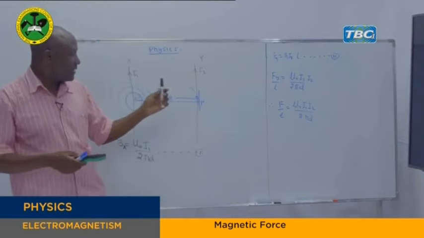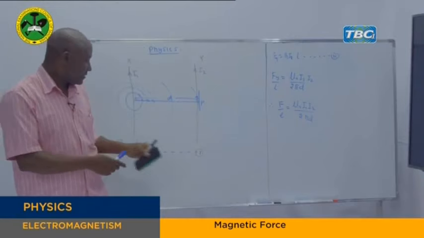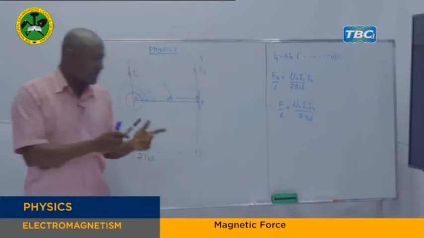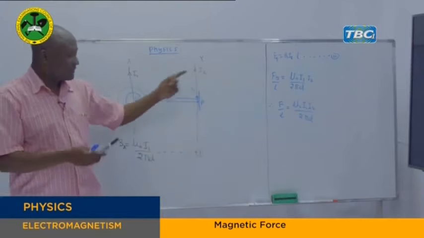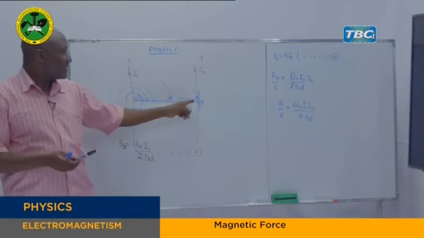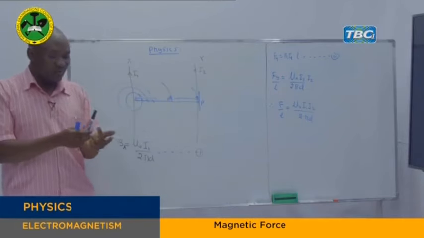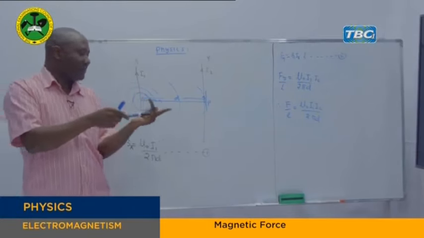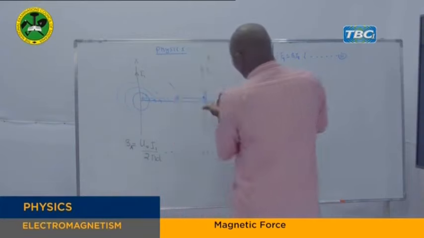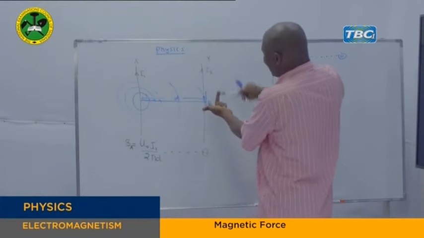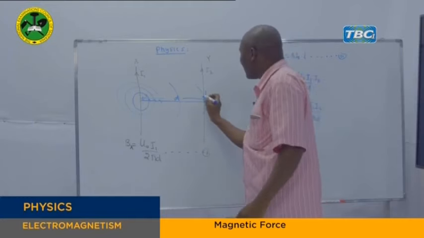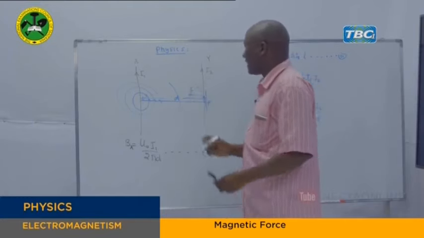So our second finger, which is talking about the current, will be pointing upward, while the magnetic field is in. If the current is up and the magnetic field is into the plane, the force created here will be pointing like that.